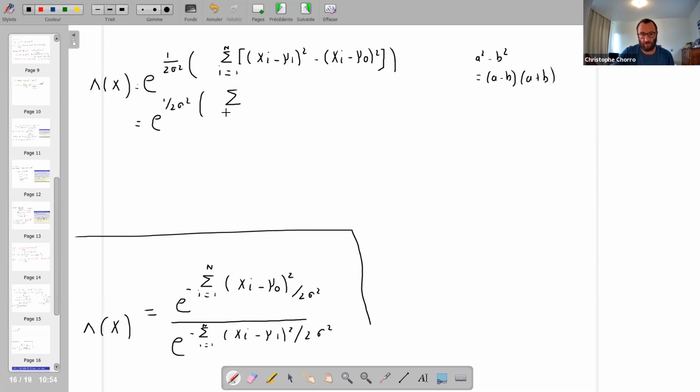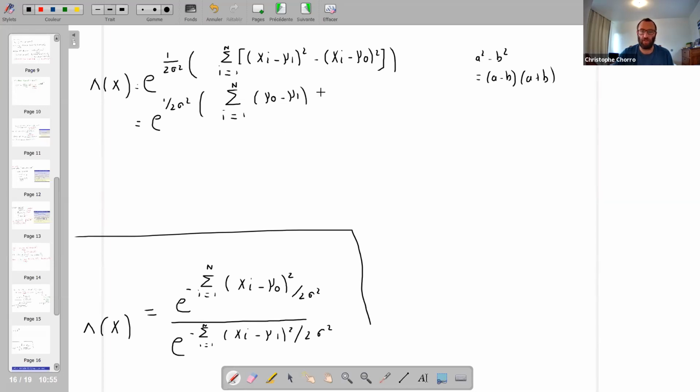If I use this, I obtain what? I have this one minus this one. I have simplification between the xi. If I do this one minus this one, I obtain mu 0 minus mu 1, that is independent of xi.